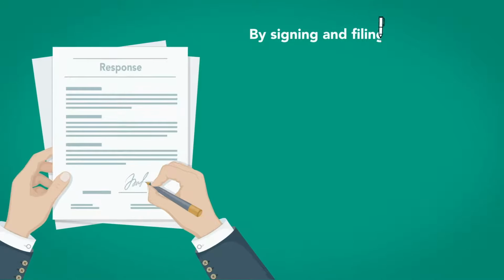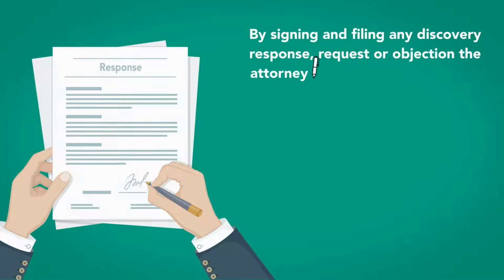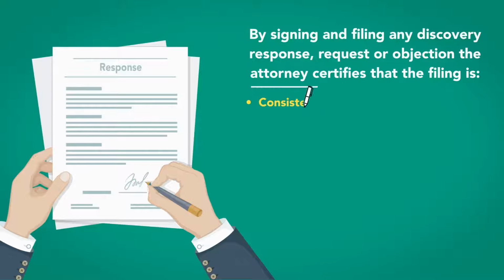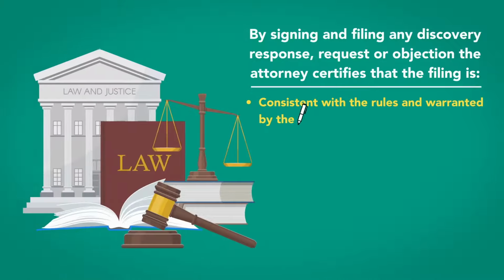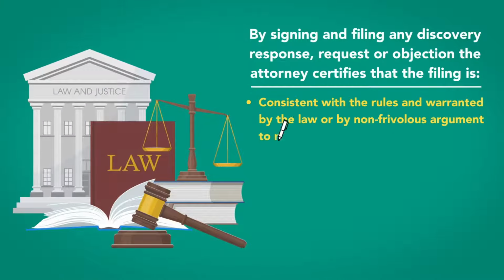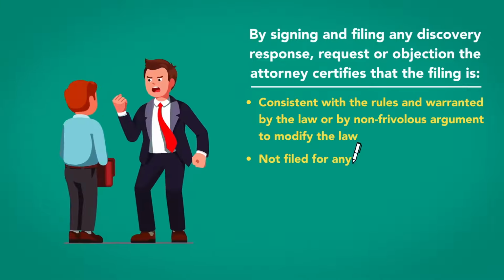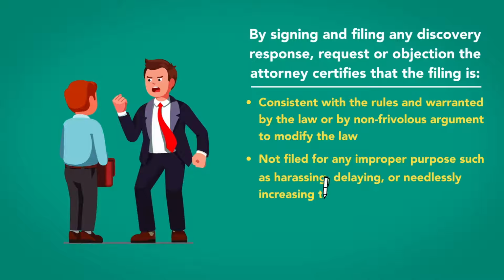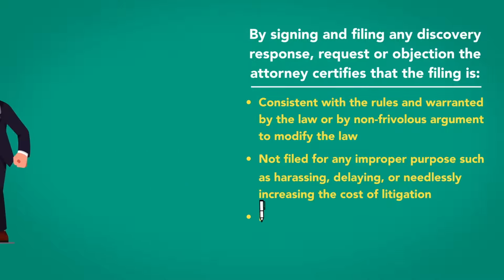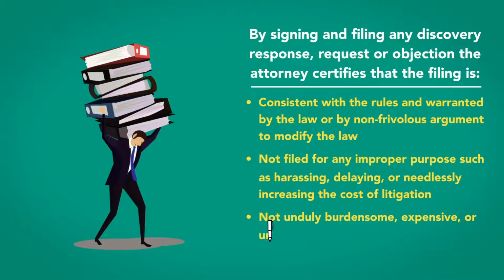By signing and filing any discovery response, request, or objection, the attorney certifies that the filing is consistent with the rules and warranted by the law, or by non-frivolous argument to modify the law, not filed for any improper purpose, such as harassing, delaying, or needlessly increasing the cost of litigation, and not unduly burdensome, expensive, or unreasonable under the circumstances.